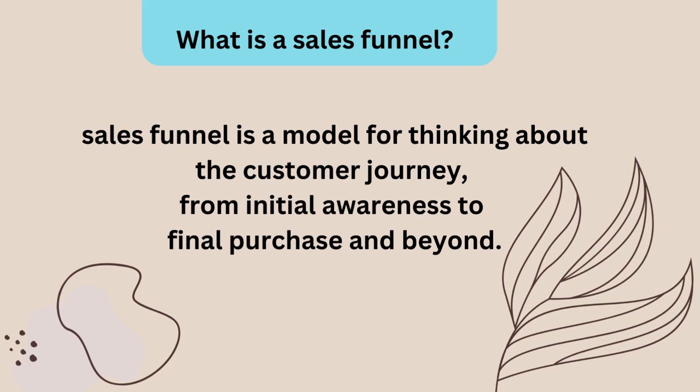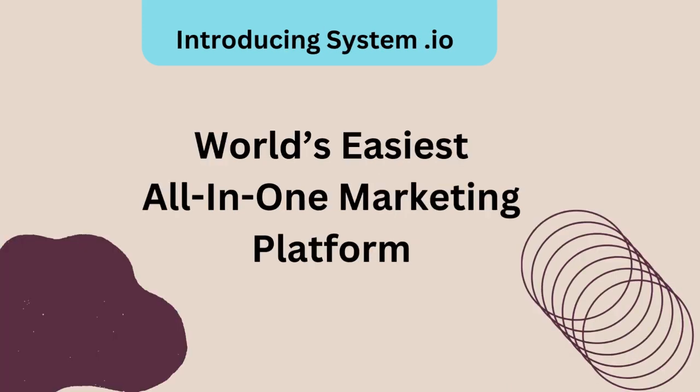Now, what options do we have in the market that can help us create this kind of funnel? We have different providers who have different pricing, different features, and what has worked for me and what I guide my followers and my customers to work with is a system called System.io.